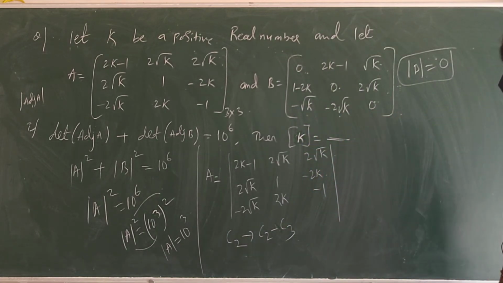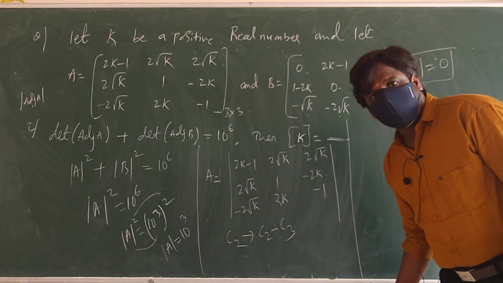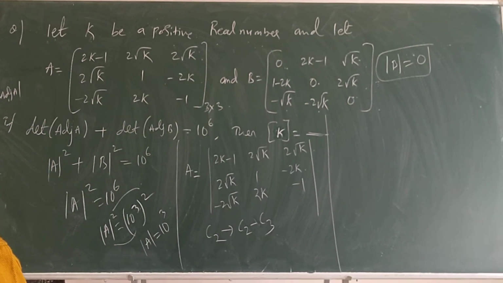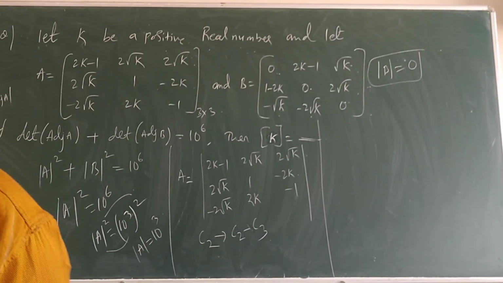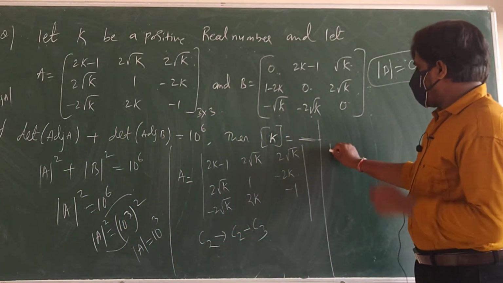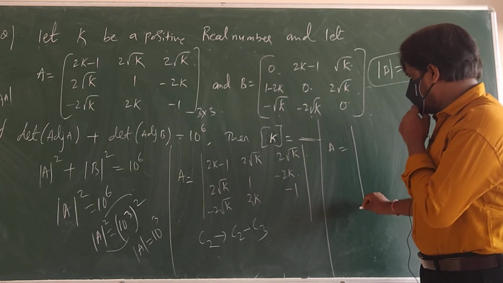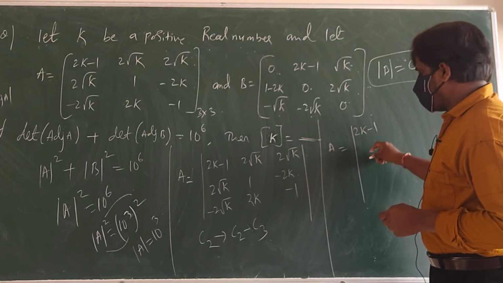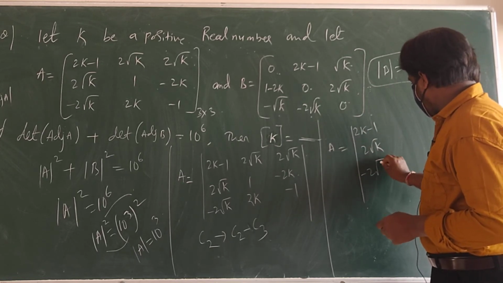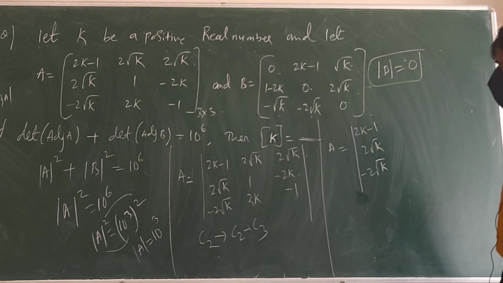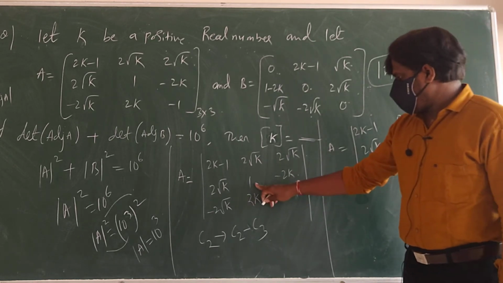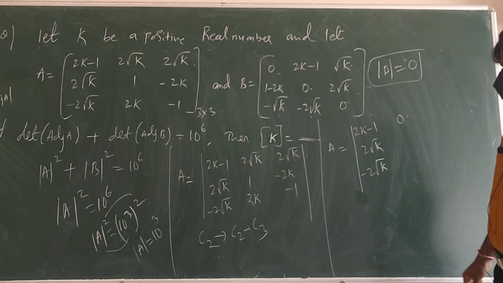Okay. If I do that, what I'll get? See here, determinant of A, this is 2k minus 1, 2 root k, minus 2 root k. We'll think of making 2 zeros first. C2 minus C3, this is 0. C2 minus C3, 1 plus 2k.